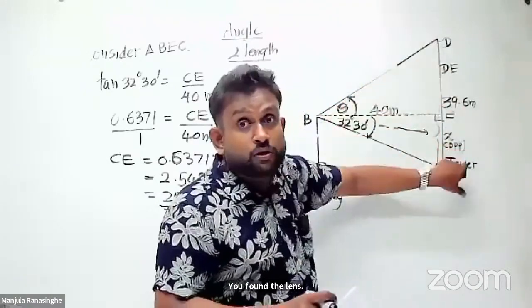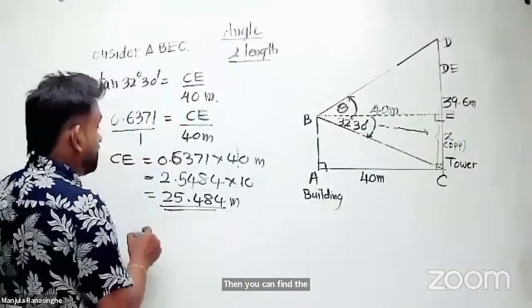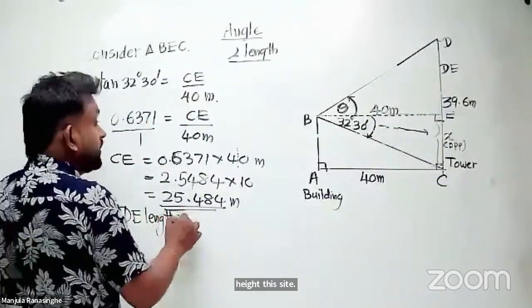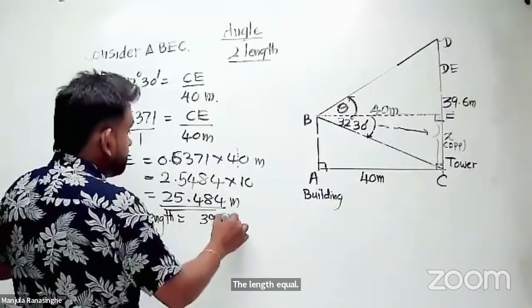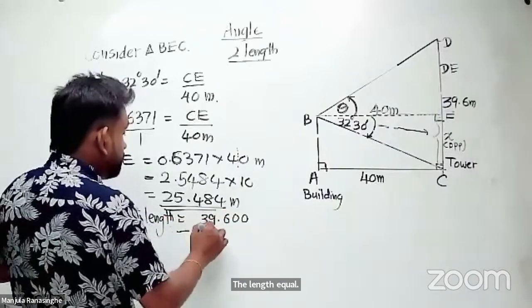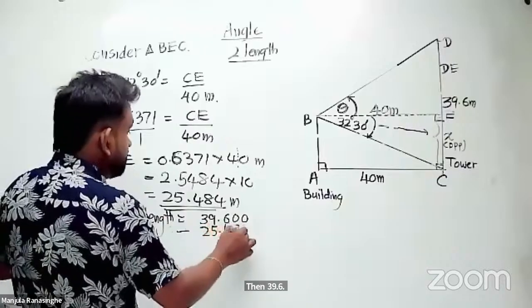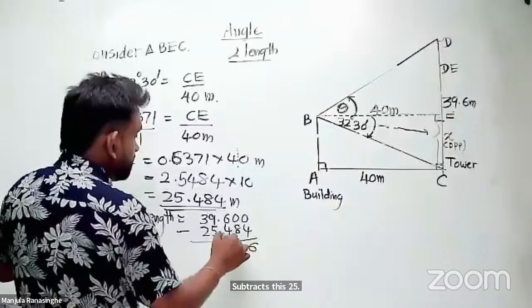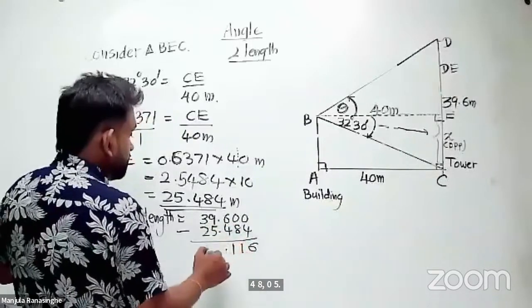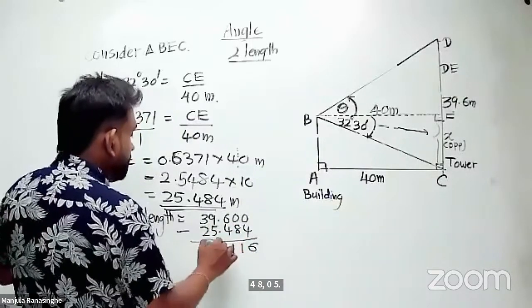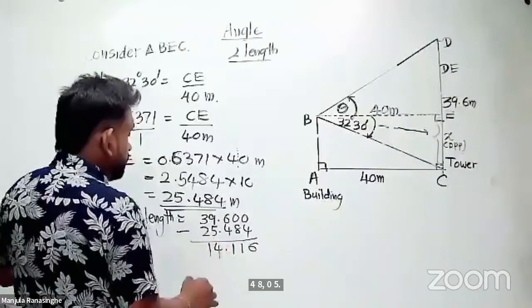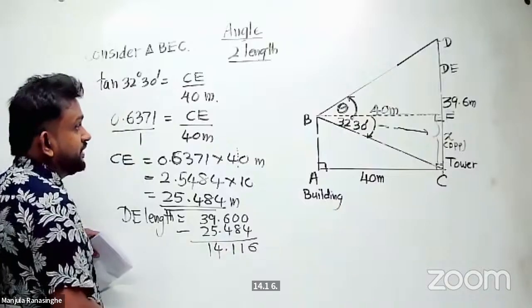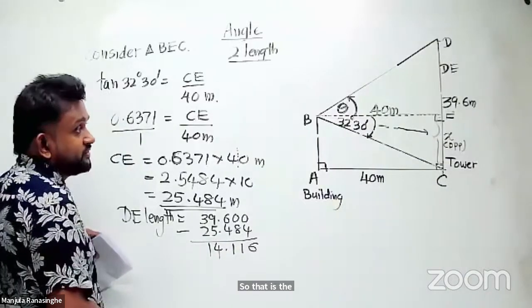How? From the total height, subtract this height. DE length equals 39.6 subtract 25.480, right? That is 14.116.